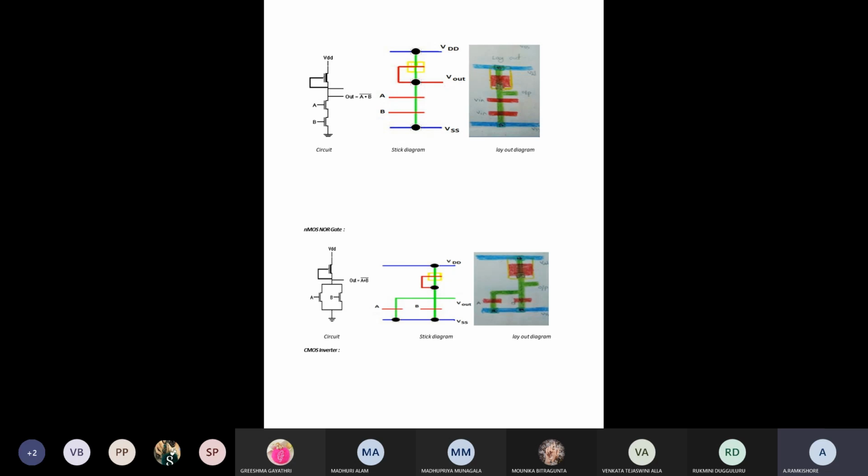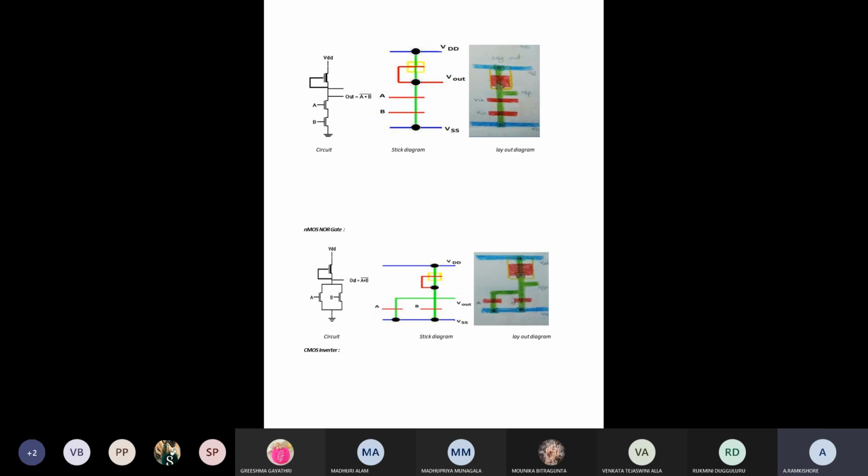For any logic expression designed with NMOS transistors, in the pull up part we have to use a depletion mode NMOS transistor, and in the down part or below part we have to use enhancement mode NMOS transistors. Here to implement a two input gate, we require two enhancement mode transistors.